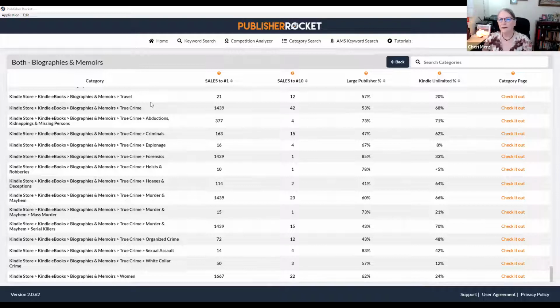So I'm really excited about this because it gives you a different way of looking at the data to analyze how you should publish first, how many sales you need to get to number 10 in that, or number 1, either way. You can see the discrepancy here. To get to number 10, it only takes 22 sales.